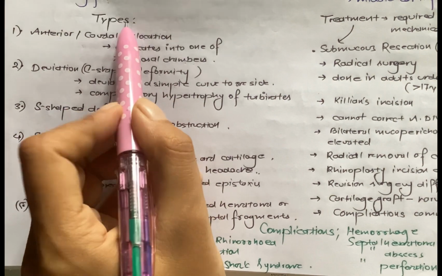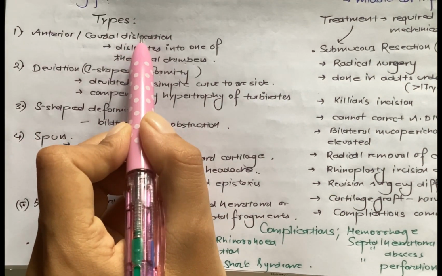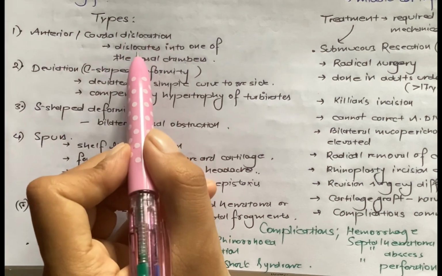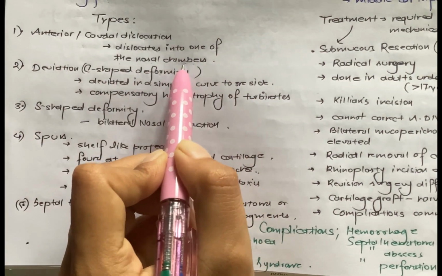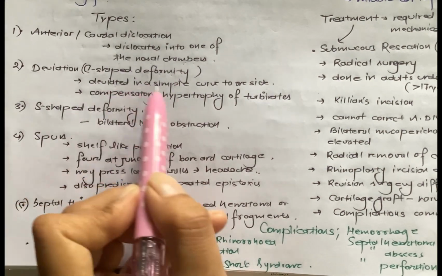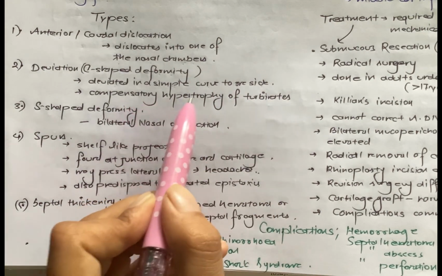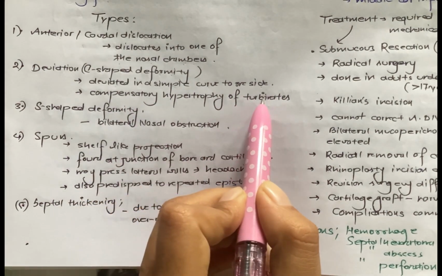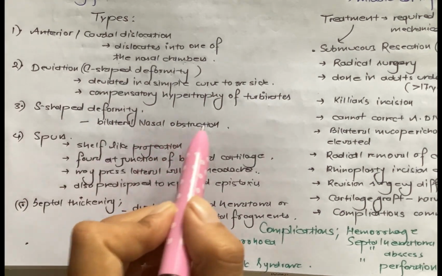Now talking about the types, there is anterior or caudal dislocation, in which the nasal septum dislocates into one of the nasal chambers. In C-shaped deformity, it is deviated in a simple curve to one side that may lead to compensatory hypertrophy of turbinates. In S-shaped deformity, there is bilateral nasal obstruction.